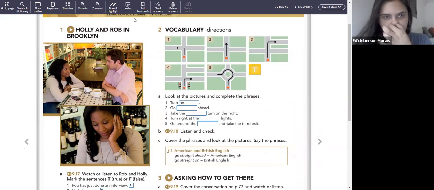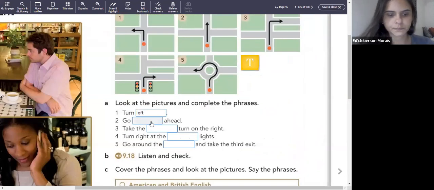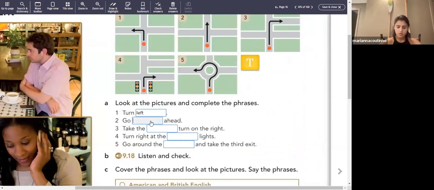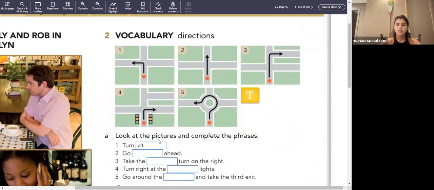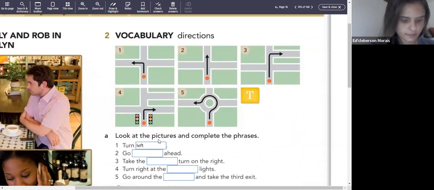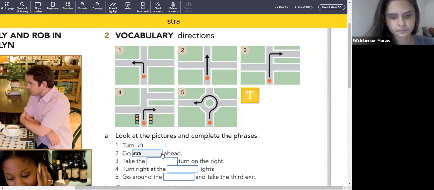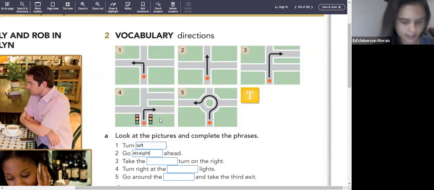Turn left. Number 2, go. Go straight ahead. Straight ahead. Yes. Straight ahead.